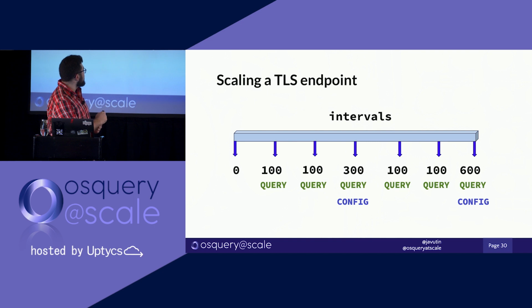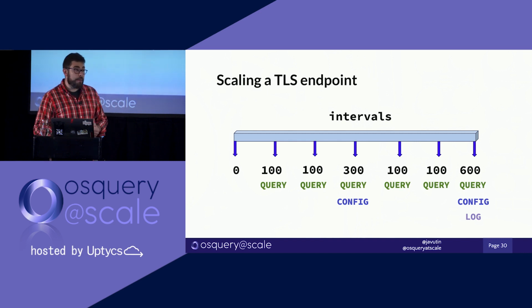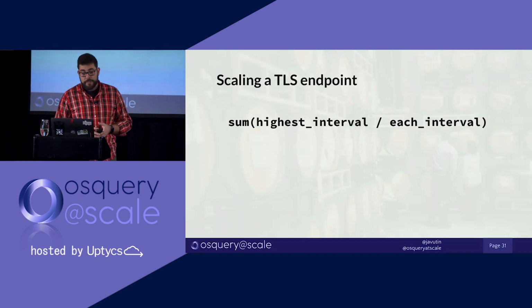So you take these into account: one request, one request, one request, and here another request for configuration. And then at 600, you're going to have another one. And this is for a single machine. When you have n number of nodes, how would you estimate how many requests per second?